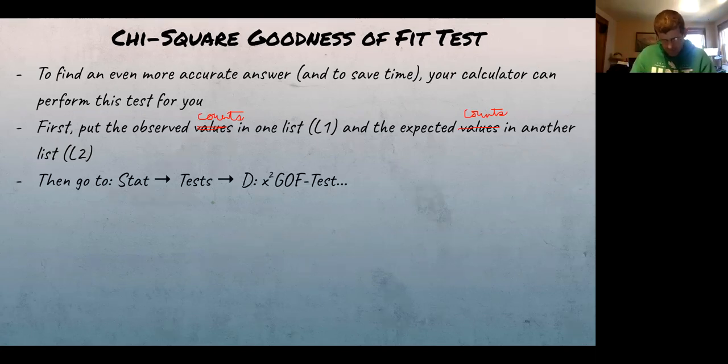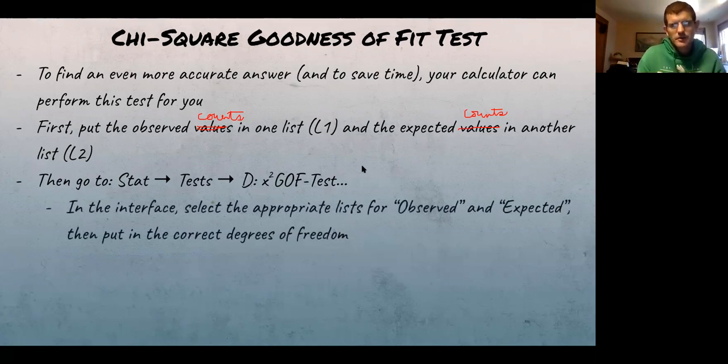Go ahead and navigate to Stat, over to tests, and it's close to the bottom. Option D is your chi-square GOF test, goodness of fit. And if you even go into the test right now, you can see all it's asking for is the appropriate list for the observed and expected, and then your degrees of freedom.